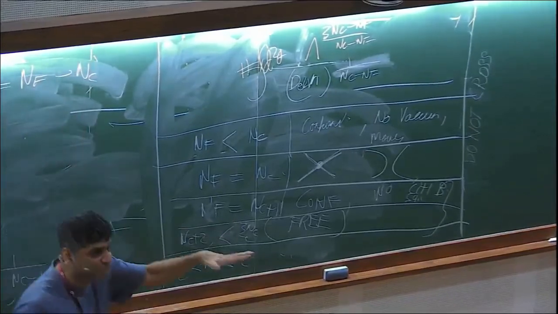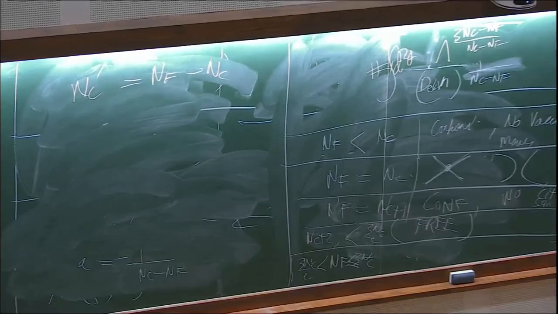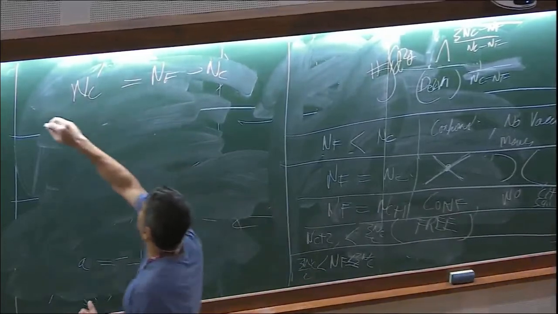There's a second description of the same IR behavior. The description is in terms of the IR behavior of another gauge theory with gauge group NC prime equals NF minus NC. And it's the same as the previous theory, except that there's one more complication.